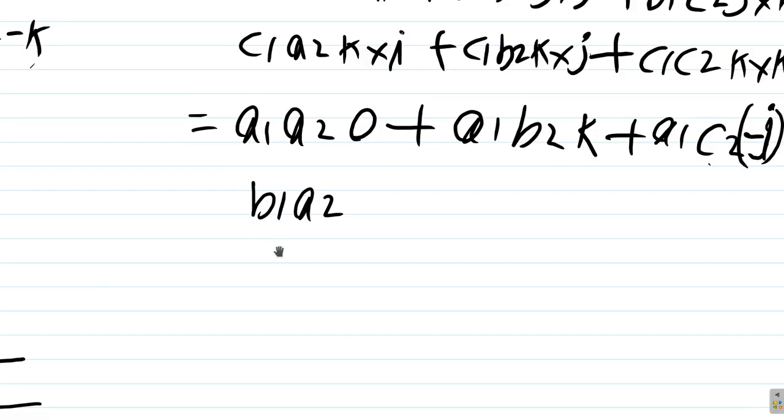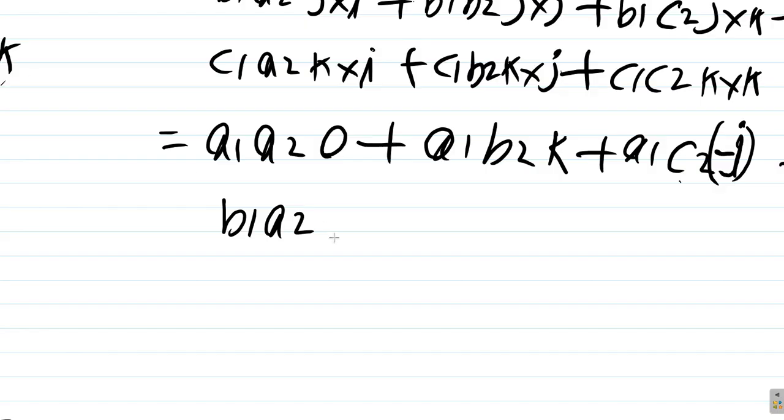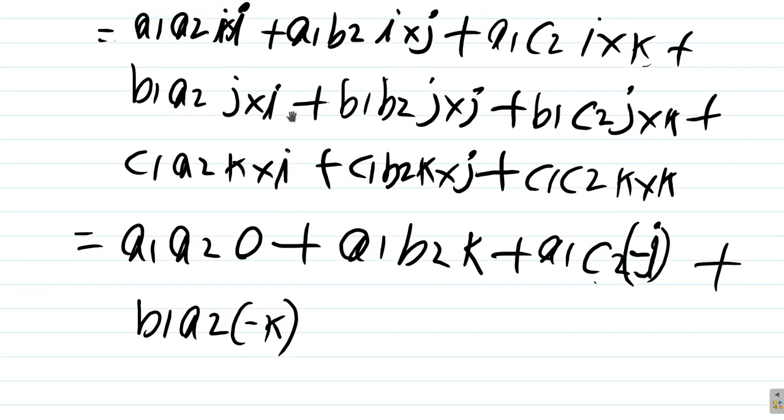With B1A2, you have a negative K associated with it, right? B1A2 plus B1, B2. Well, JJ is 0, right? Same direction, so that's sine 0, 0 plus B1C2.